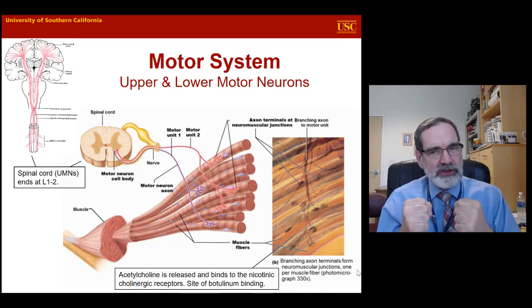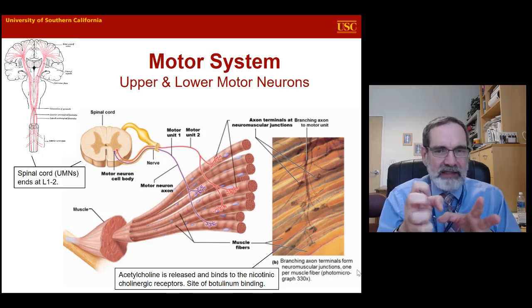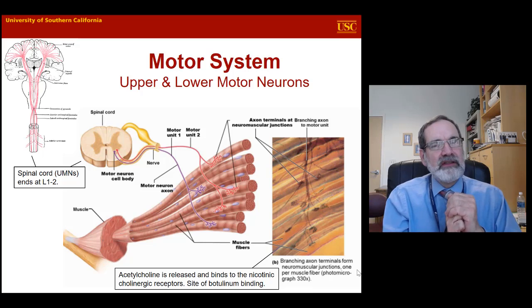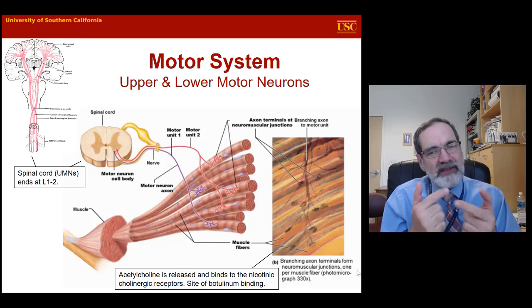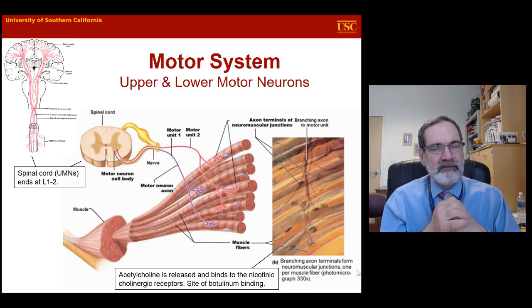Now, this junction is where the botulinum toxin, most well known by one of its trade names, Botox, binds, preventing the release of acetylcholine. That means that junction won't work anymore.